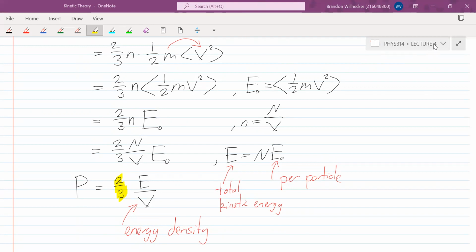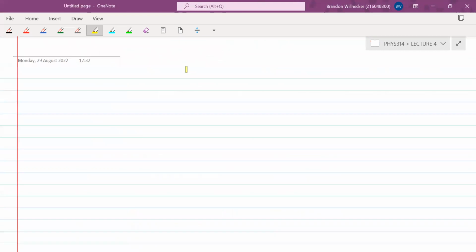Okay, so we've got a little theorem, and that is the equipartition theorem. You would have done this in first year, but we're just going to go through it again.